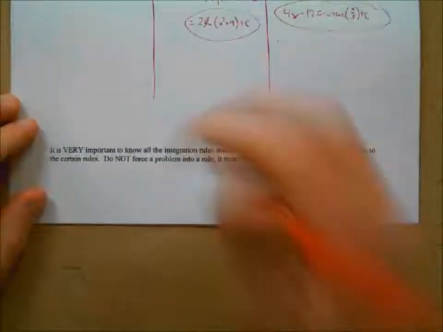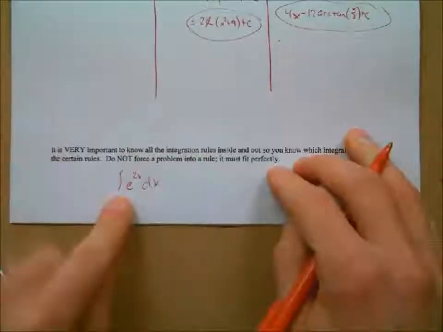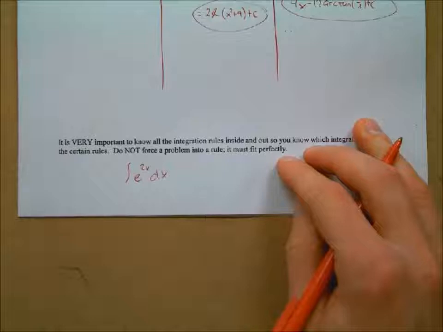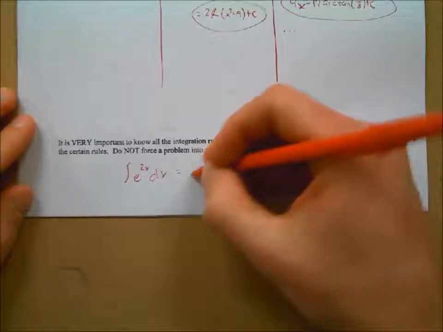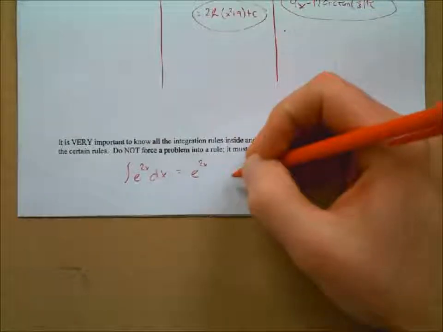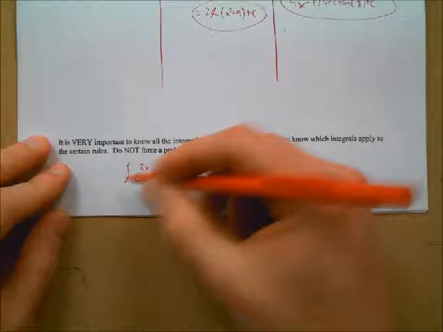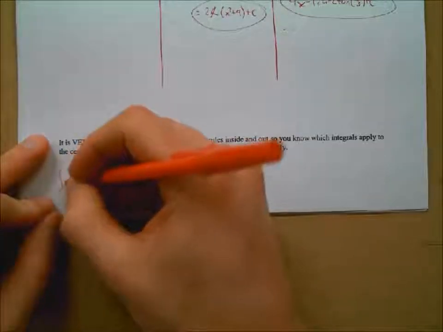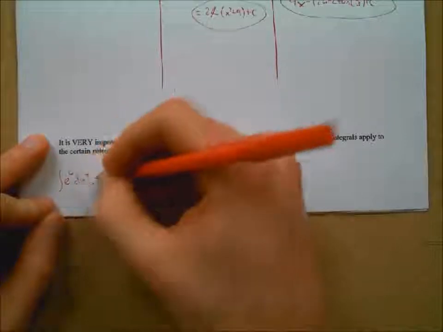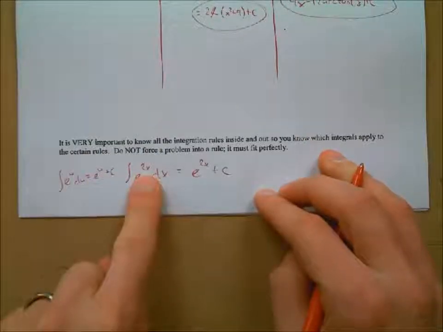So as an example of this, something that we can take for granted. If we see something like the integral of e to the 2x dx, we're like, oh, integrating e to the something, that's easy. It's just e to that something again, plus c, and that's the answer. But that's not right. We don't know how to integrate e to the 2x. All we know is that the integral of e to the u is e to the u plus c. The problem is here we have a 2x.